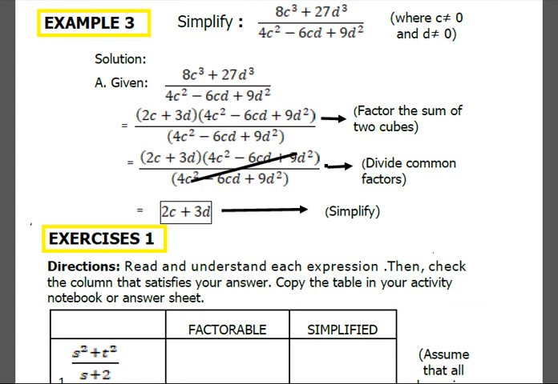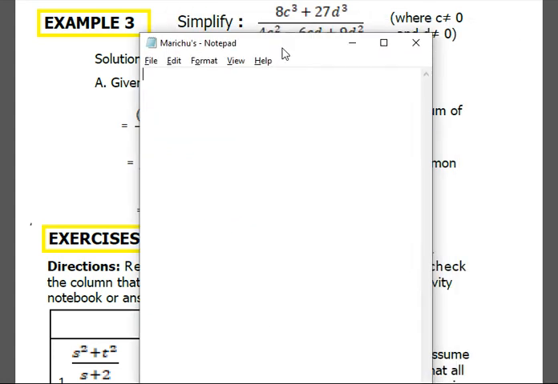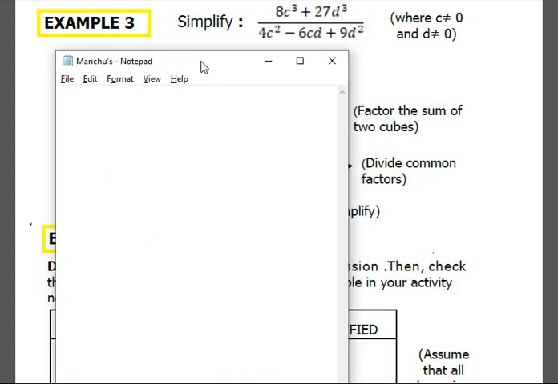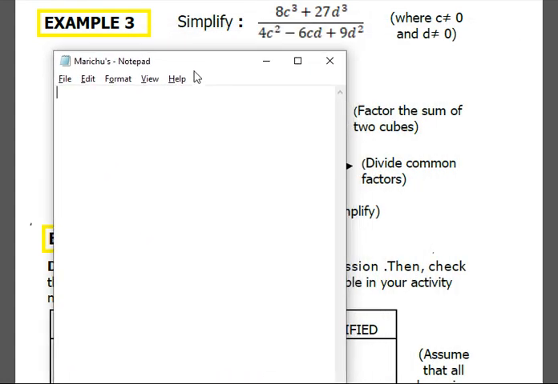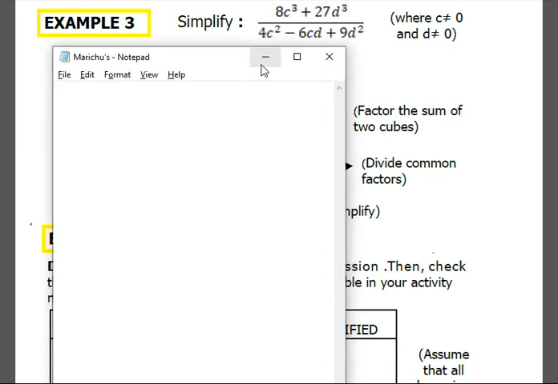This involves the special product on the sum of two perfect cubes. Let me cover this first. Then let's factor out. Let me use the pen first. Wait for a while.